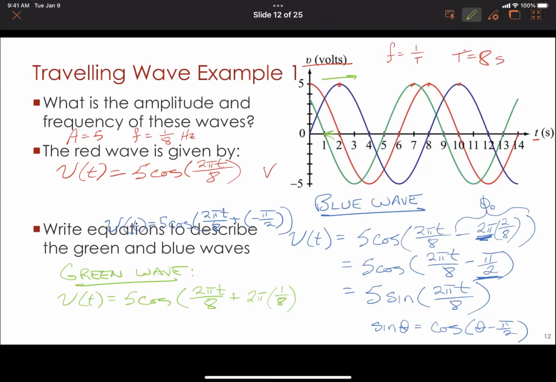And the total angle in a whole period is 2 pi. That's why we're 2 pi times 1/8 of the period. And so this is 5 cos 2 pi t over 8 plus pi over 4. Just 2 divided by 8, it's giving us 1 over 4.